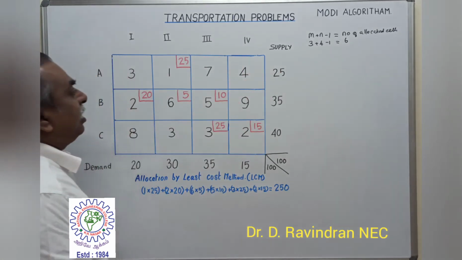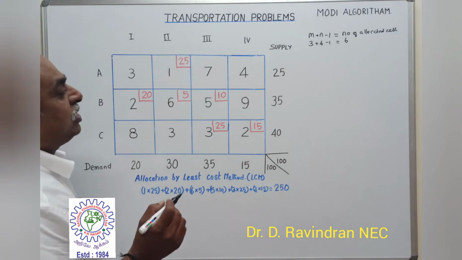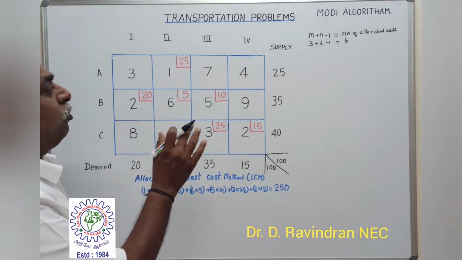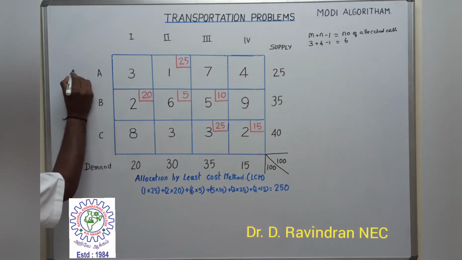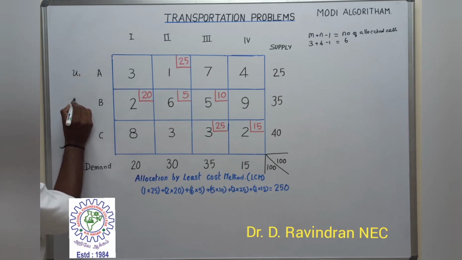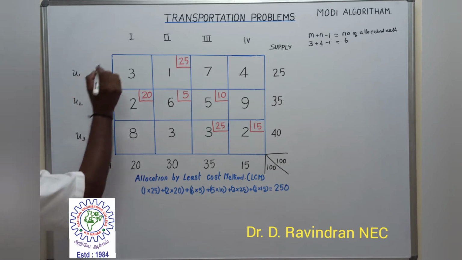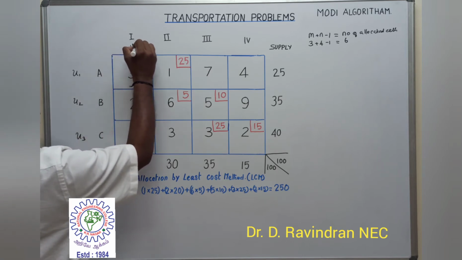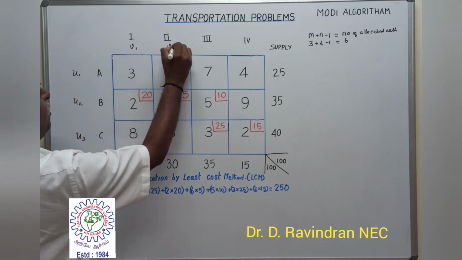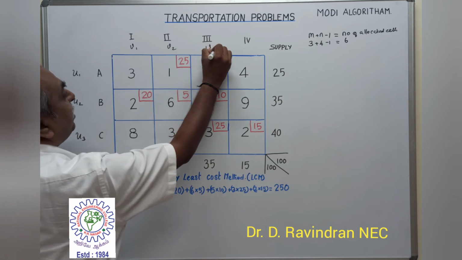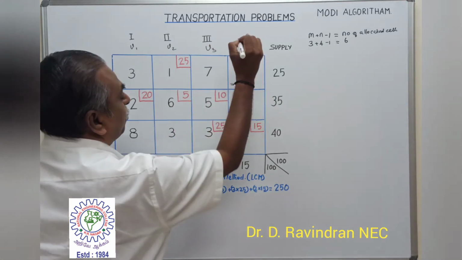Now we are allocating u as well as v values for rows as well as columns. The row values you can consider as u1, u2 and u3, and the column values are v1, v2, v3 as well as v4.